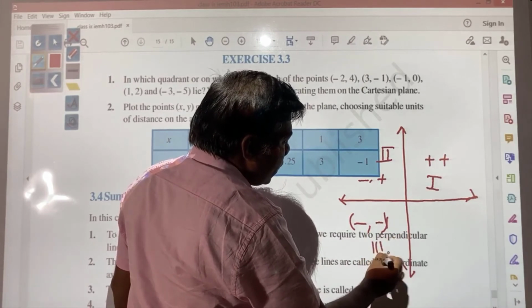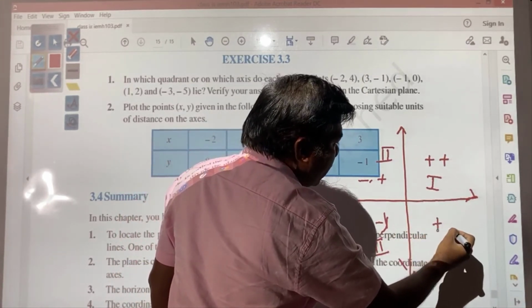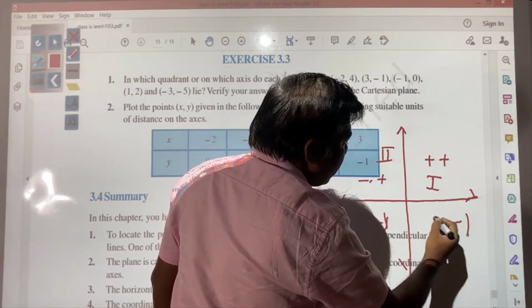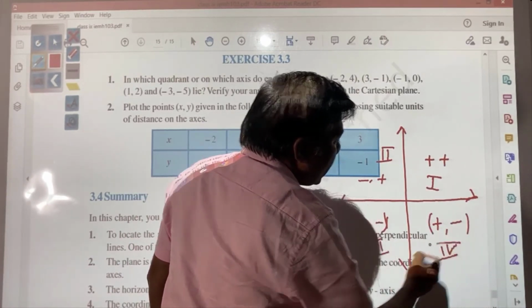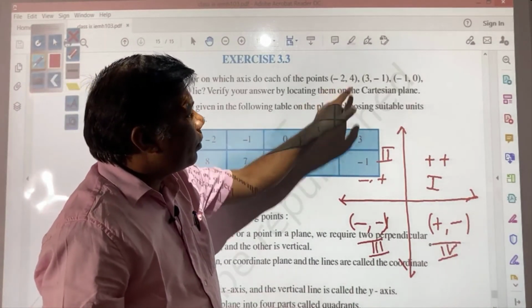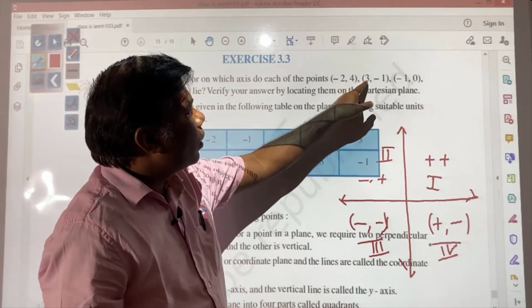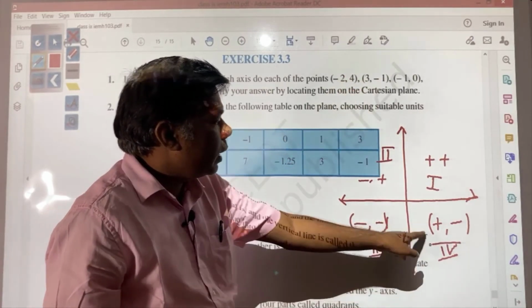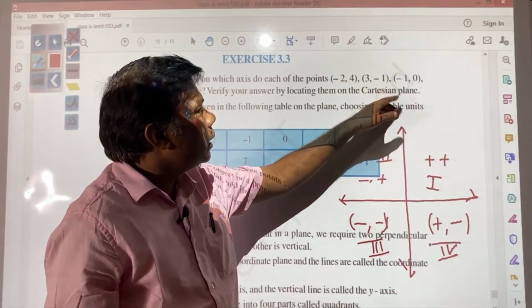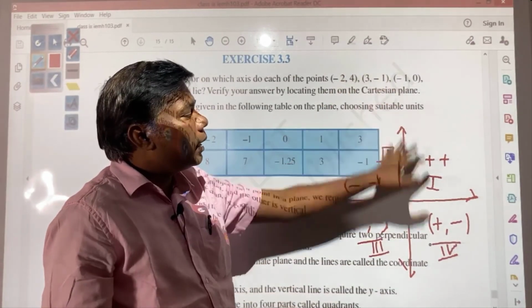And here you will be having positive and negative in the fourth quadrant. Just plot in the graph and you will come to know. Otherwise, by seeing itself you will know.